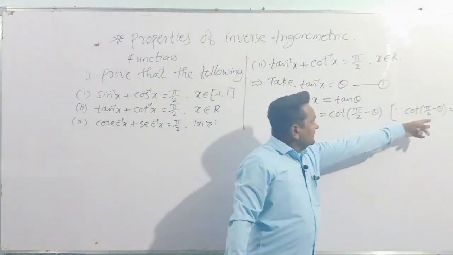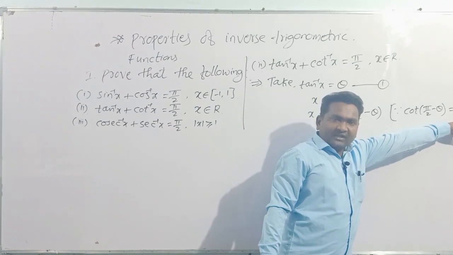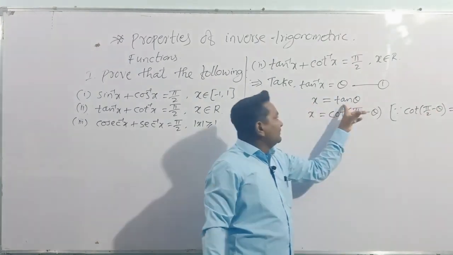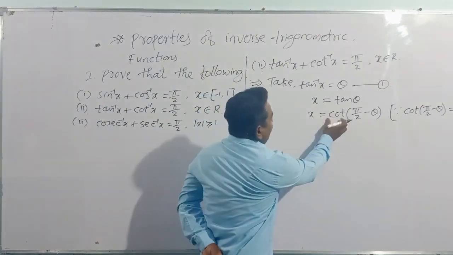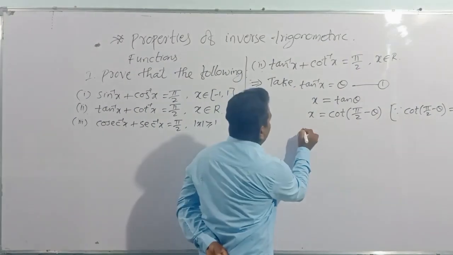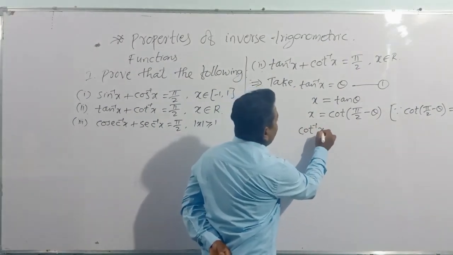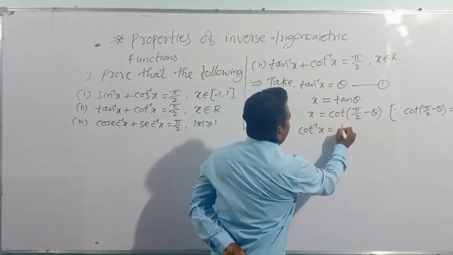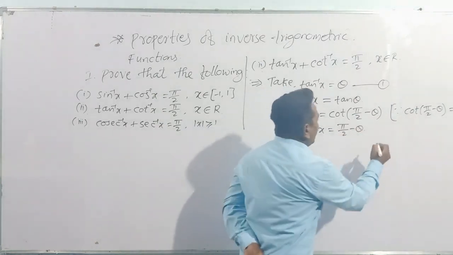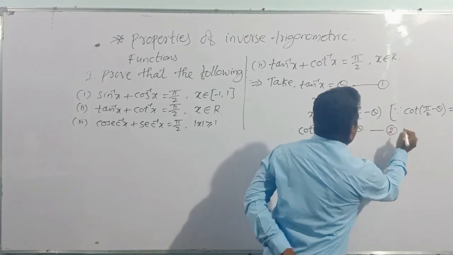Same case, replace in place of tan theta cot pi by 2 minus theta. Then again this cot function move left hand side, it become inverse, that is cot inverse x equal to pi by 2 minus theta. Now take down called equation number 2 here.